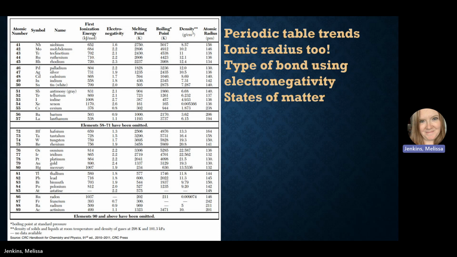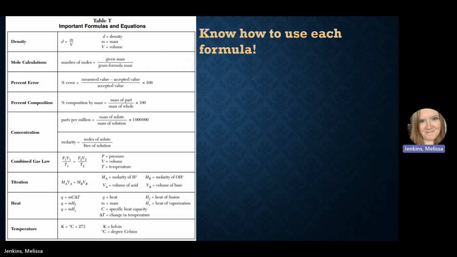and then the last table, the formulas, you should know how to use all of these formulas. Remember, for the combined gas law formula, what does the temperature need to be in? Kelvin, right? So temperature has to be in Kelvin. Pressure and volume just need to be the same units.